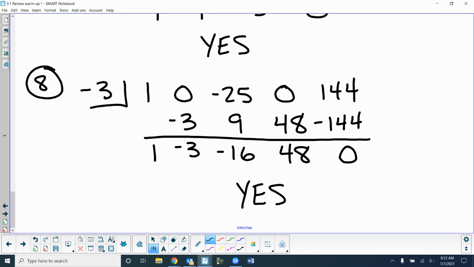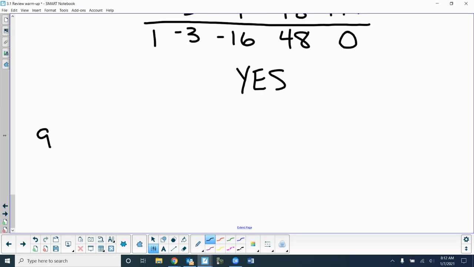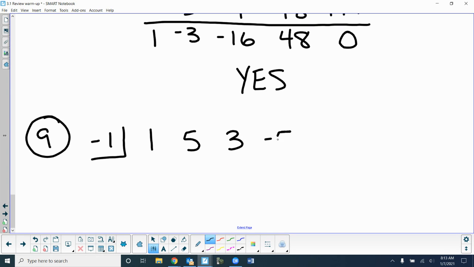Okay, and then number 9, what are we supposed to get down there? 0, because we're verifying that x plus 1 is a factor of this polynomial. So we got a 1 for our x to the 4th, 5 for x cubed, 3 for x squared, -5 for the x, and then our constant.